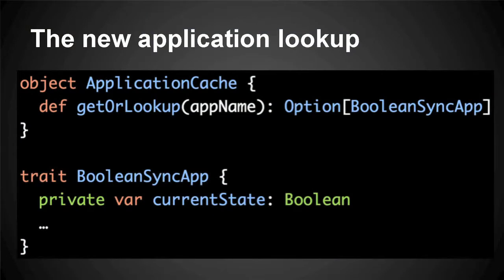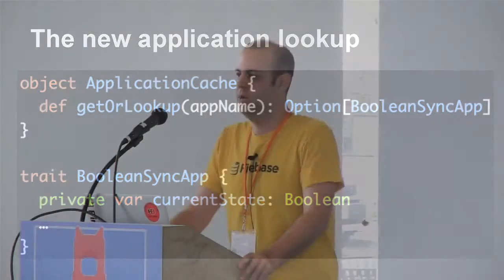So when we get a request, rather than just speaking to that trait before that was dealing with the state of whether or not it's foggy, we're going to look up the specific instance of our application. And your implementation of this could do something like talking to Zookeeper, talking to Memcache or some database or flat file or whatever.